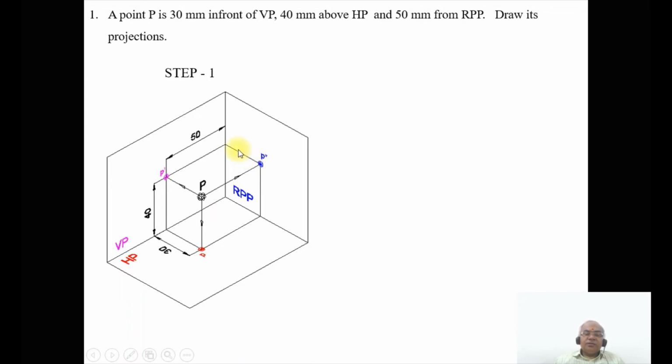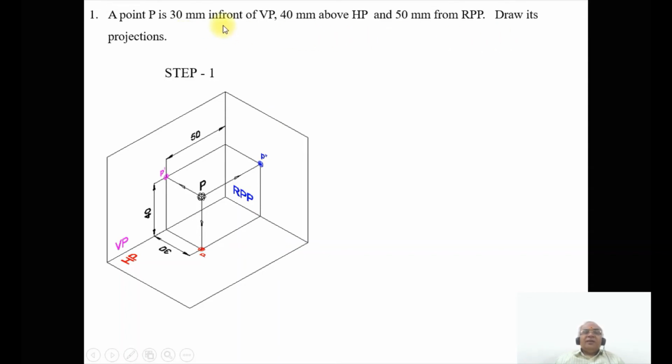So this is how you will be able to analyze this problem. When you look from the left side view, the image falls here, and this distance is above HP, which is 40 mm, and this distance is in front of VP, which is 30 mm. The distance with respect to the profile plane you can see both in the vertical plane and also in the horizontal plane. To cut it short, the distance above HP is always seen in the vertical plane, and the distance in front of VP is always seen in the horizontal plane, and the distance with respect to the profile plane is seen in both VP and HP.